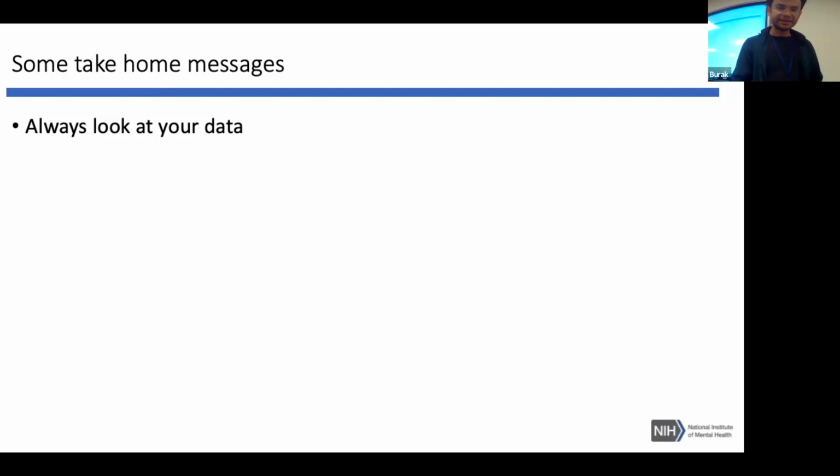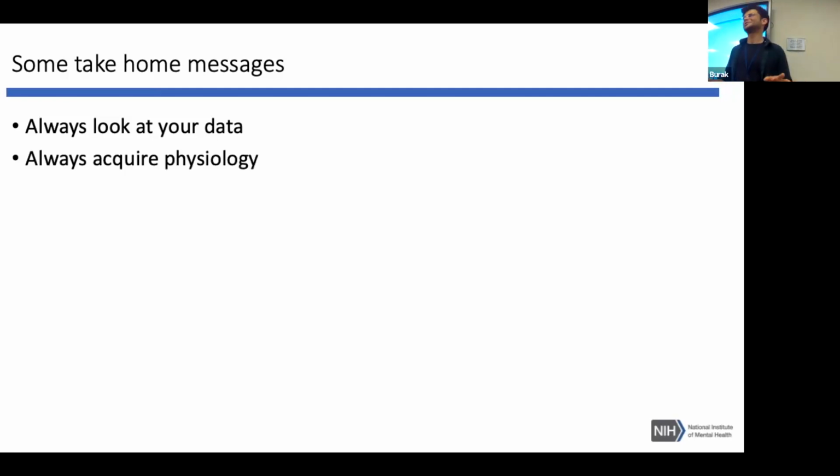Always acquire physiology. It never hurts. If you acquire physiology, it's always a plus. And then at least you know that something happened in a different measurement technique, so you can cross-check with the signals.